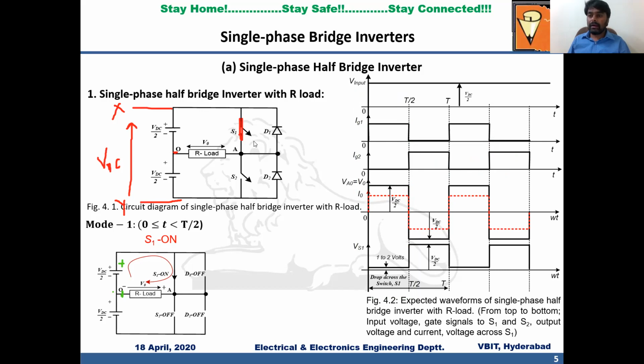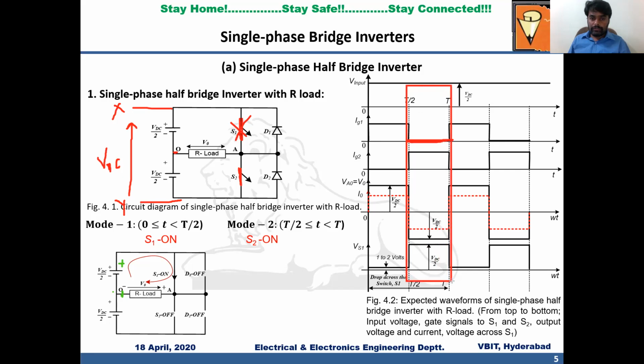So for the remaining half cycle, I want to make S2 on, because S2 is also in forward bias condition with respect to input supply. So S1 should be in off condition. So you can say I have removed the triggering pulse to S1, so that will go to off state.